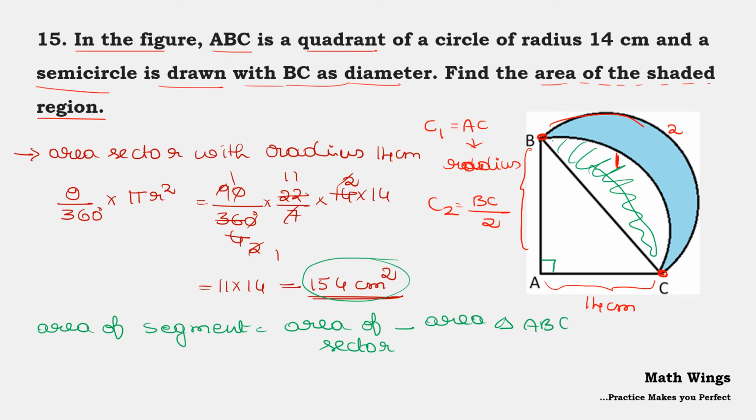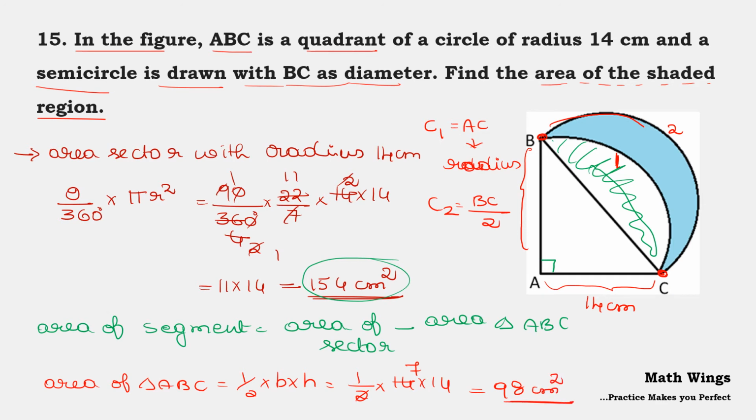So the area of triangle ABC is equal to half into base into height. Here base and height are 14 into 14. So half into 14 into 14, which is, 2 ones are 2, 2 sevens are 14, so when I multiply this one, I'll get 98, and the unit is centimeter square here.